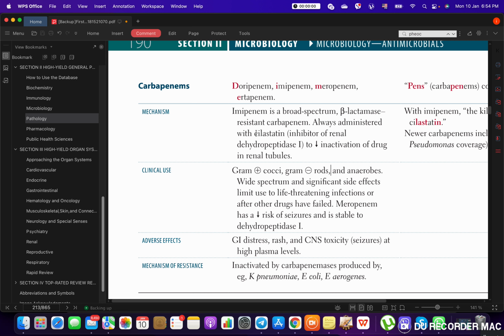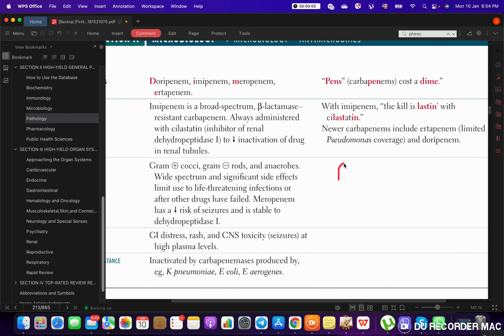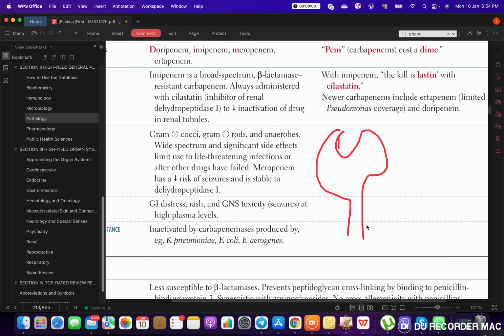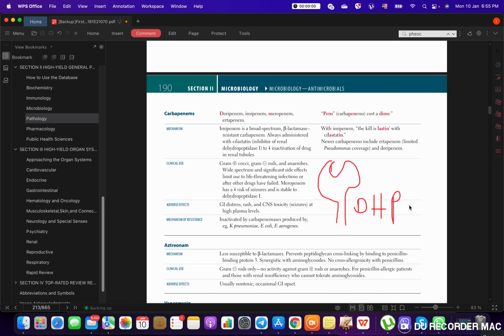Inside of our kidneys, there is something called dehydropeptidase that normally leads to destruction of the carbapenem inside of our kidney.